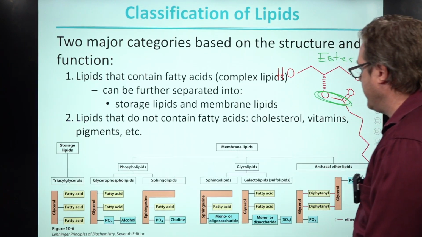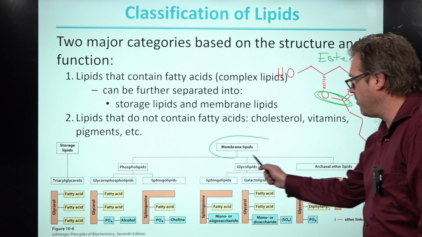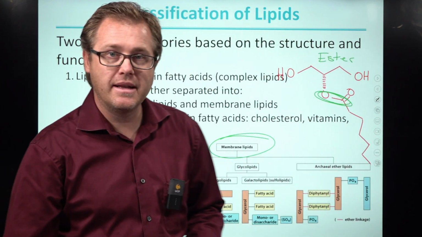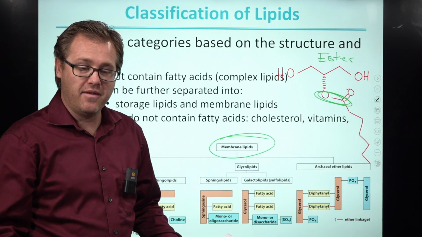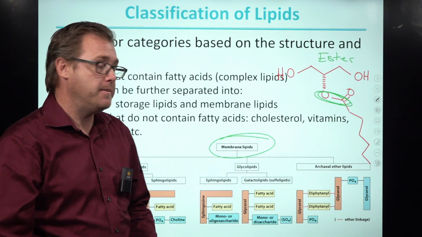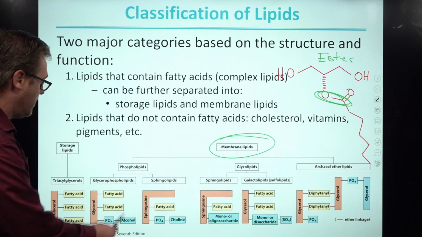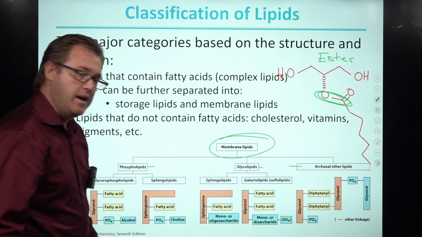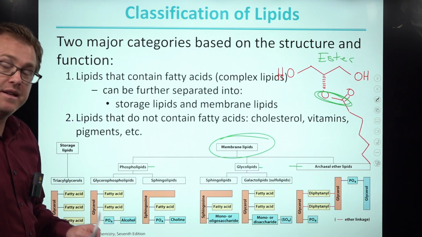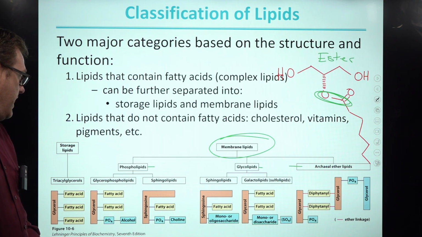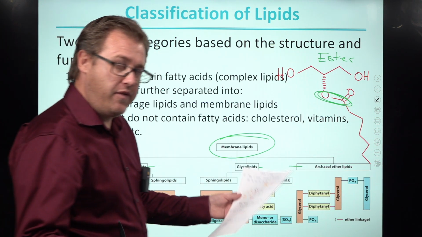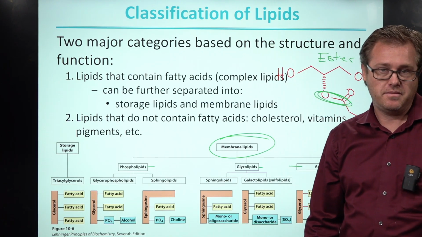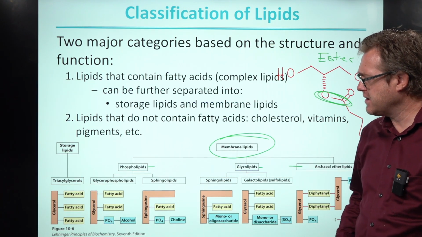Now moving on to membrane lipids. That's really, really big. You can see under that umbrella of membrane lipids, we have these 3 different types right here. And we're going to spend some time looking at their differences. But in a quick view of it, we have something called phospholipids. What are phospholipids?